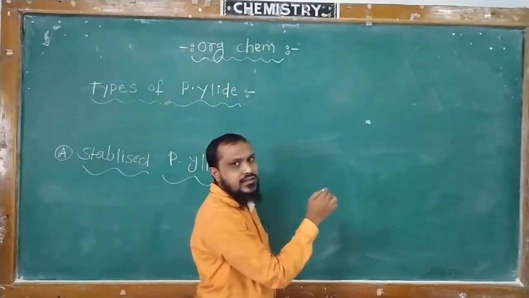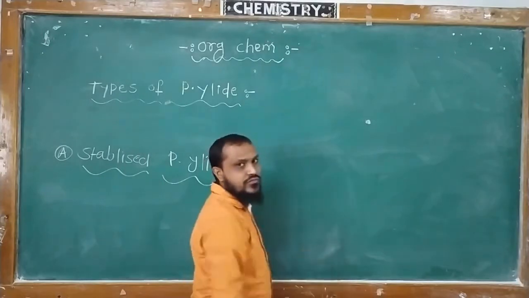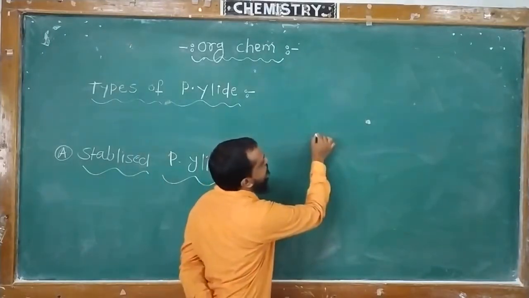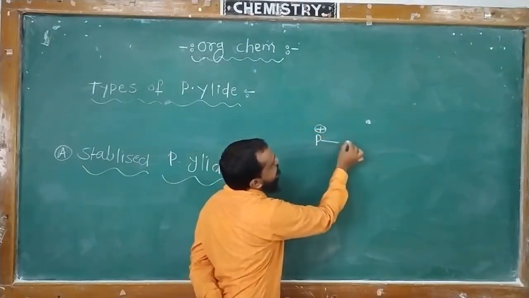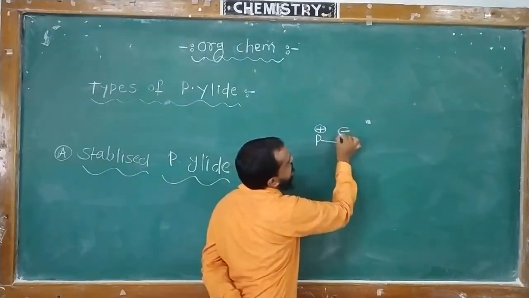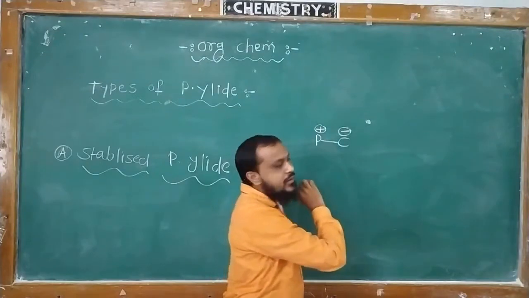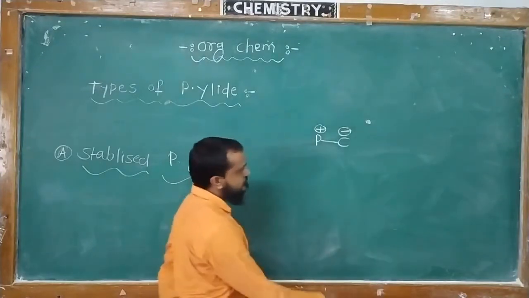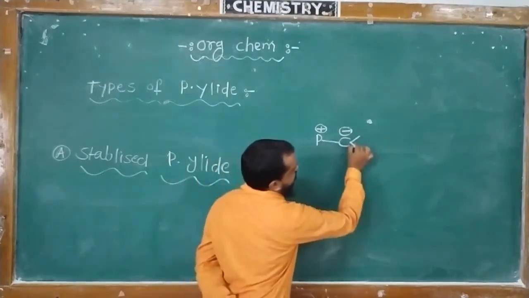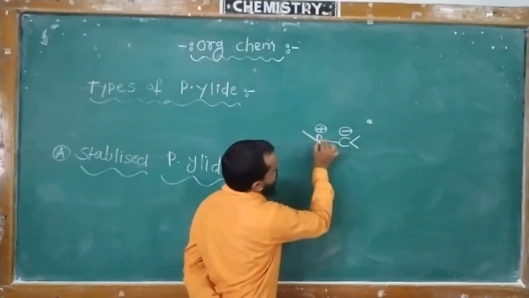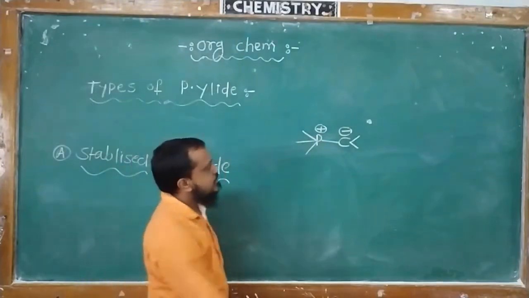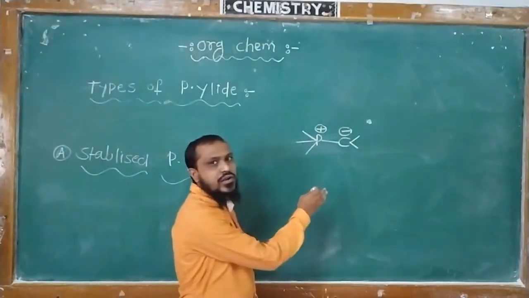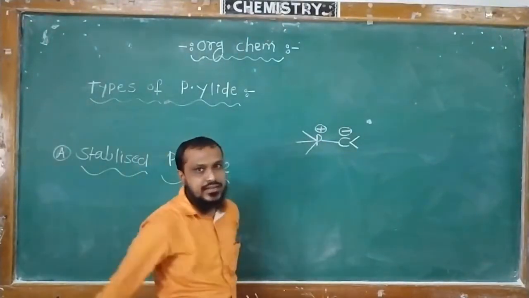I am writing here the general structure of phosphorus Ylide. P positive singly bonded with carbon negative. Okay, this is the general orientation of phosphorus Ylide.